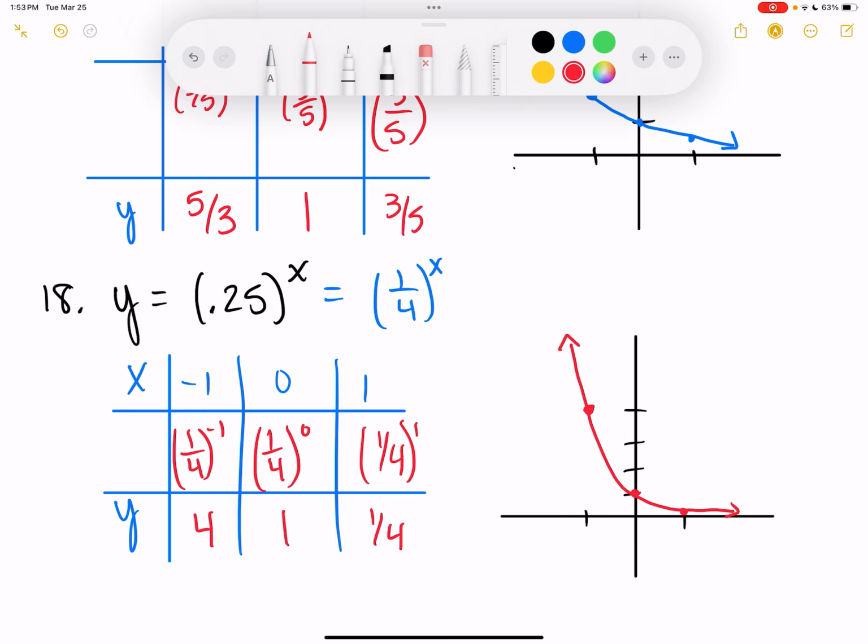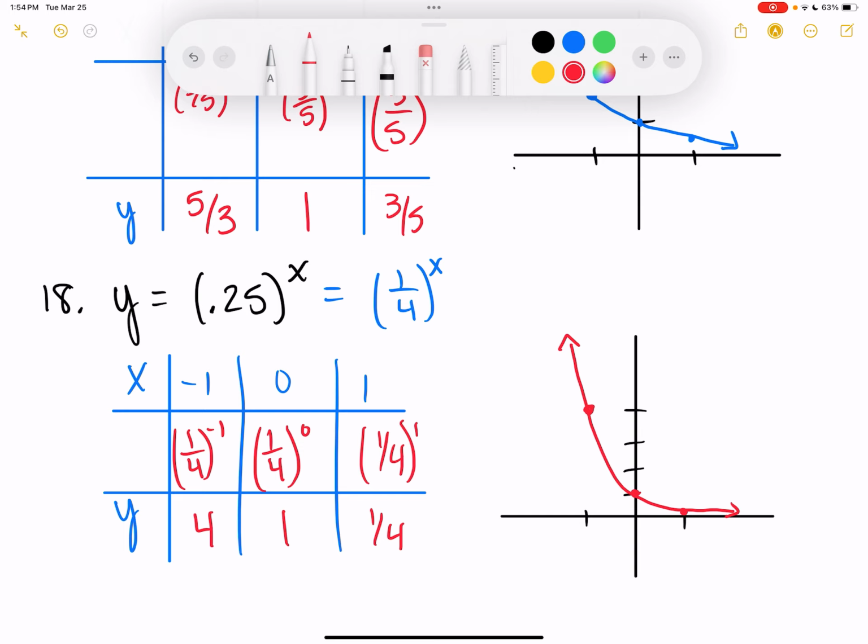All right, so the next ones, yesterday when we did them, there was like a number times 3 to the x. This one is going to be something times 1/4 to the x. So basically, we've just done 1/4 to the x. So we'll kind of be looking at it comparatively, and we're not actually doing the compare part, but that'll be kind of what the next ones are. So we're just going to do a couple of them as far as this goes.